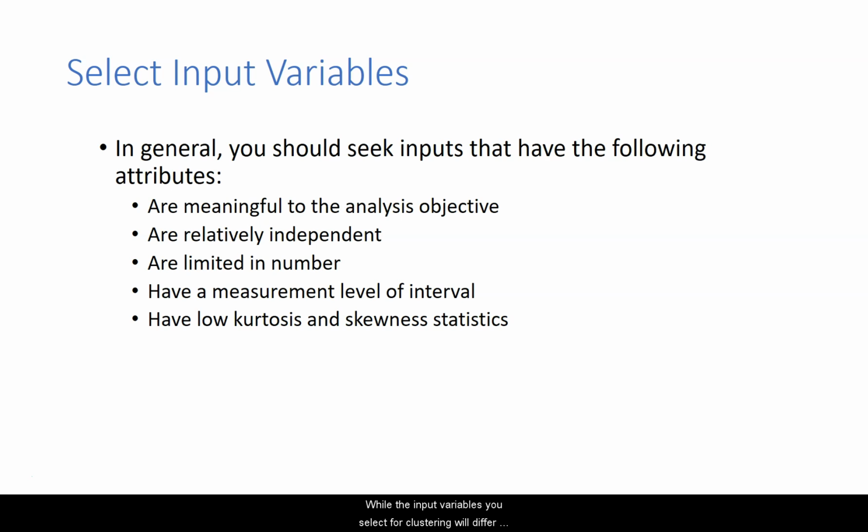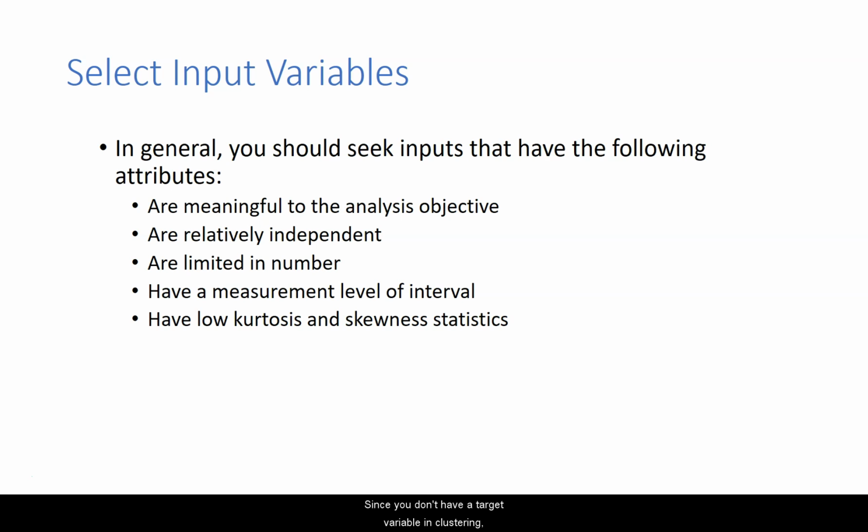While the input variables you select for clustering will differ based on the business questions, there are some general guidelines about the input variables you should choose. First and foremost, these variables need to be meaningful to the analysis objective. You should identify variables that provide useful information about the segments you are interested in.